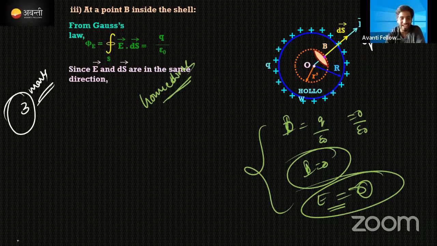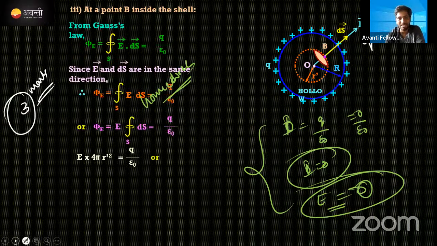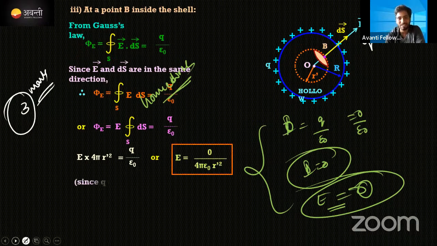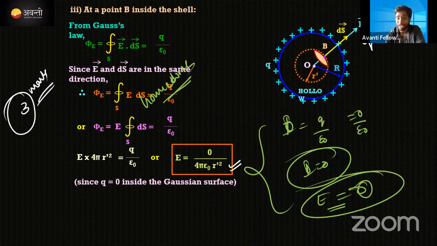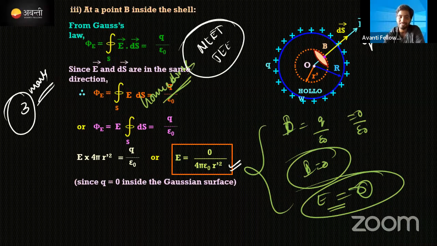In the last step you have to substitute the value of 0, then the electric field value will be 0. No need to do it like this in a NEET or JEE exam. In a JEE exam this many steps are not necessary. Clear? In a CBSE exam, this is a must. Is it clear?